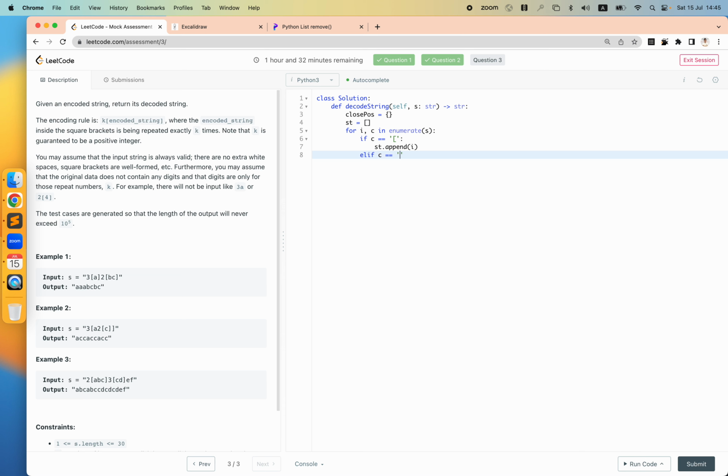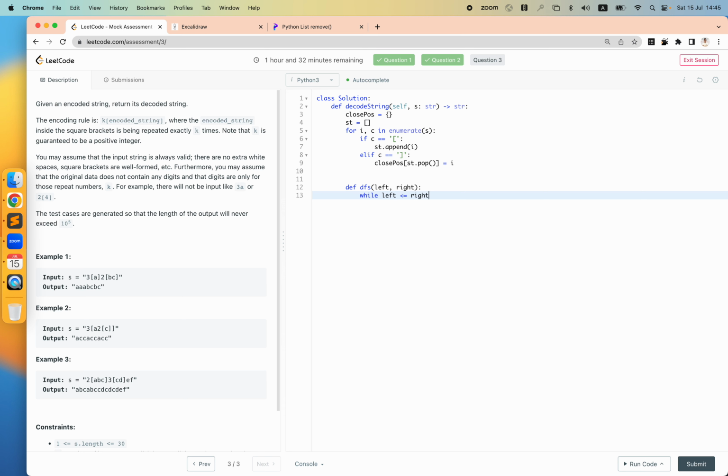Oh, if c equals the close bracket, the stack dot pop, the open here will equal the close here. Okay, then I have a function like dfs from left to right.